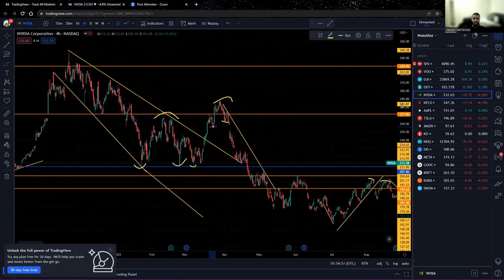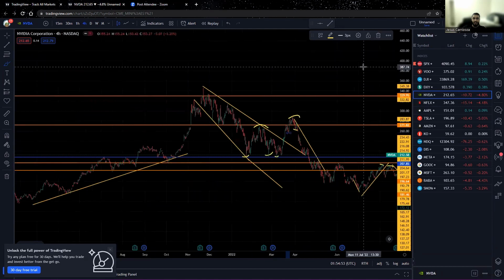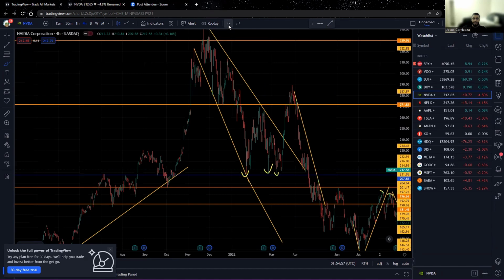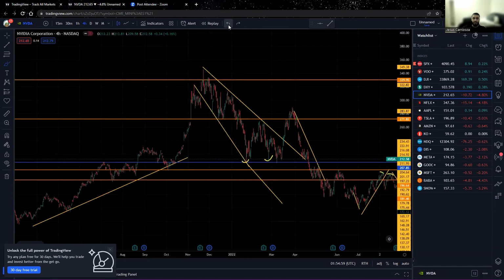So Nvidia is more like an intermediate to advanced stock, but it's perfect at identifying trends. Once the trends happen, it's a lot easier to say, okay, this is what happened.